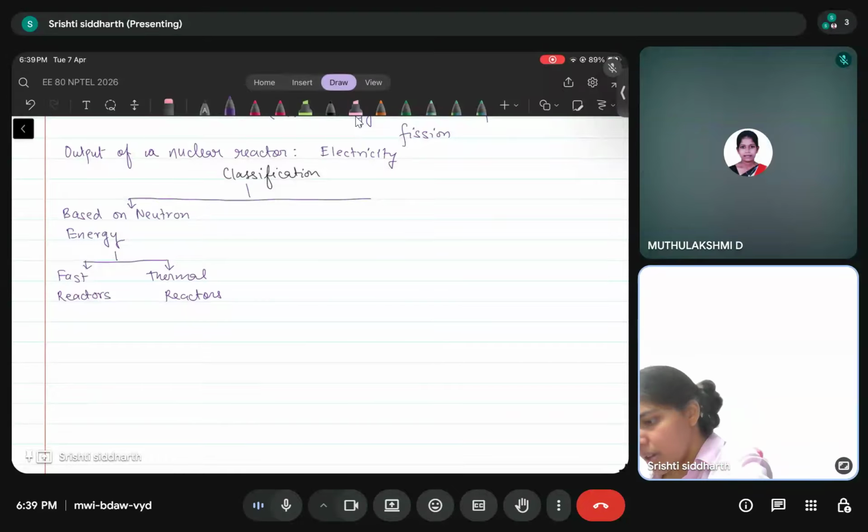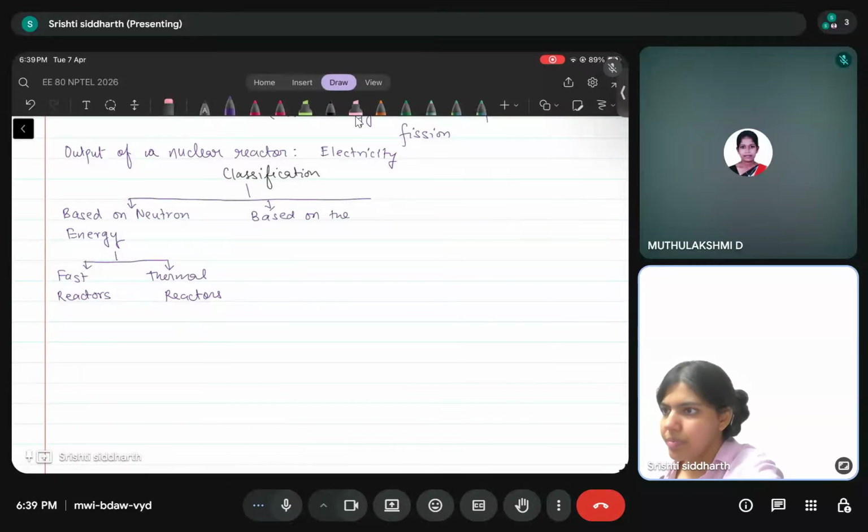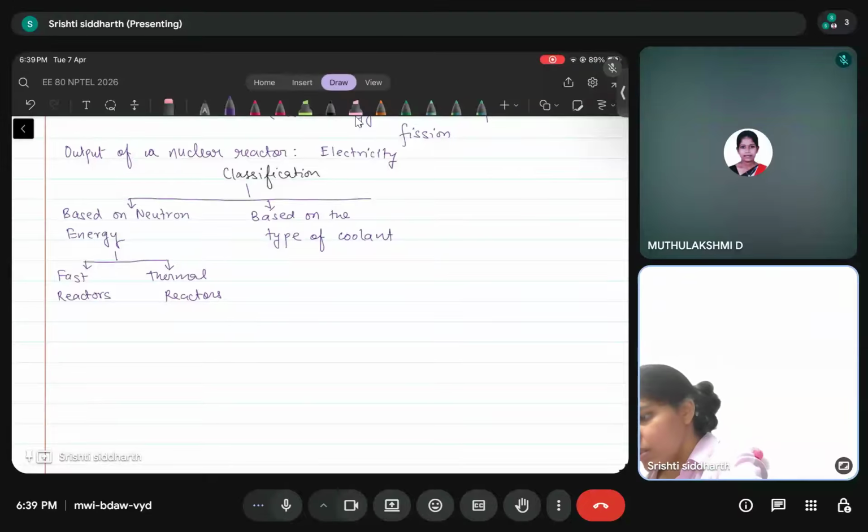And then classification based on the type of coolant. So we have sub classifications in this.